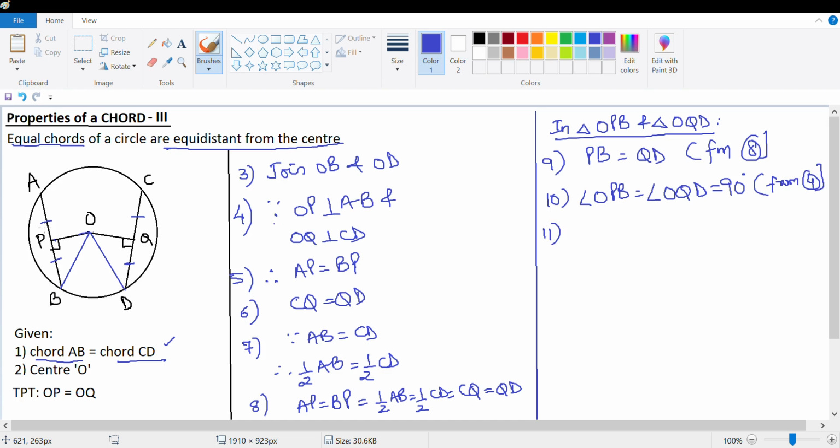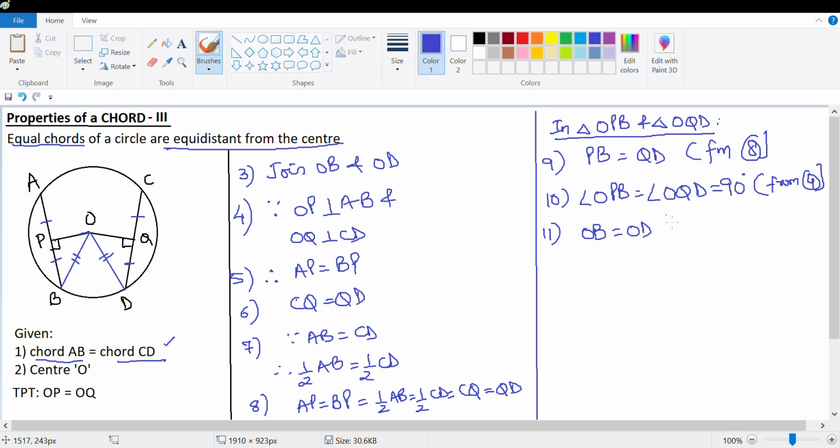Number 11. So I've got an angle equal, I've got a side equal. I need to get something more equal. Any other side or angle which I can prove equal? Let's see, I also have OB equal to OD. Yes, why? Because they are the radius of the same circle.